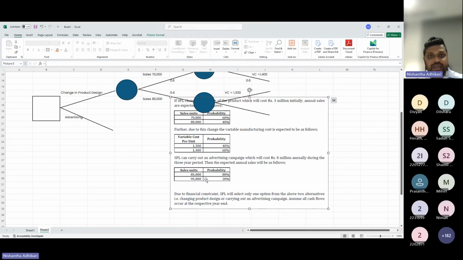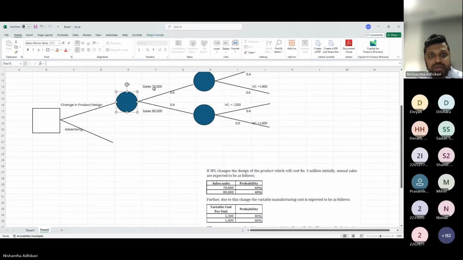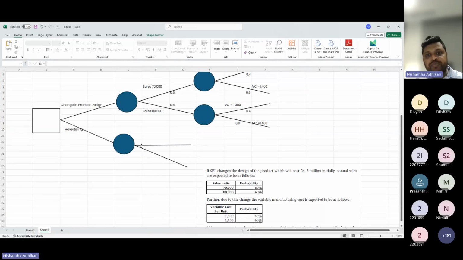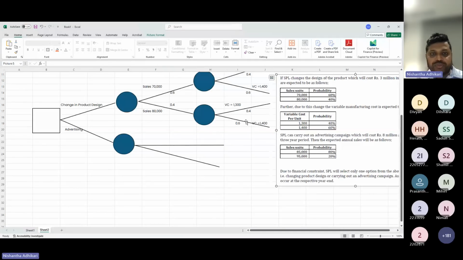There's no change in variable cost because nothing has been mentioned.